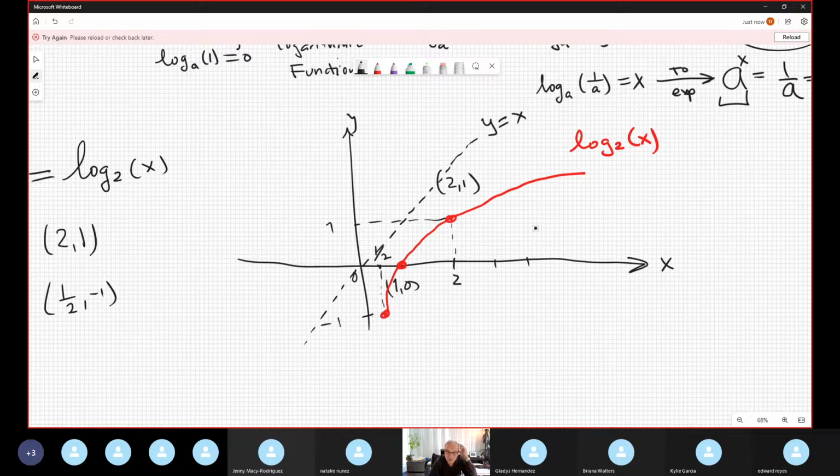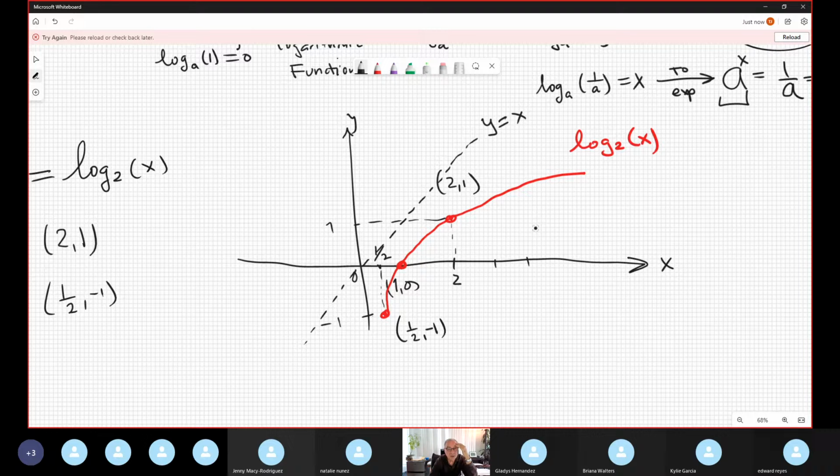Okay, now. See, for example, you are using another color. The exponential associated with this is super easy, because the only thing you should do is interchange x and y. So the point I forgot is 1/2, comma, -1.